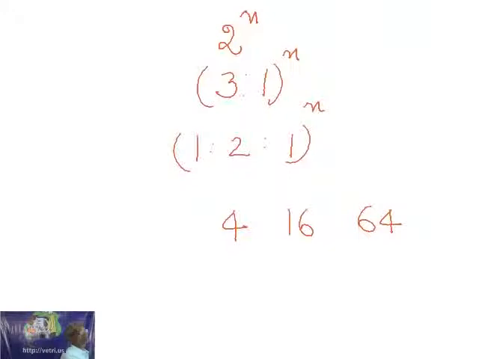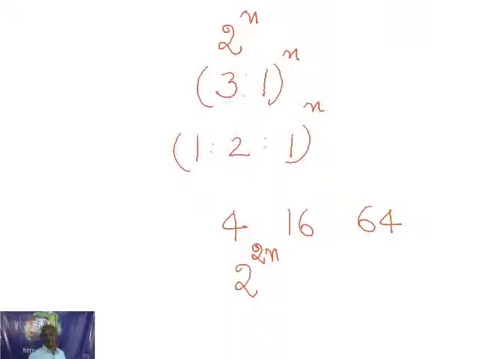Monohybrid, dihybrid, trihybrid. So what could be the general formula for this? It is 2 to the power of 2n.